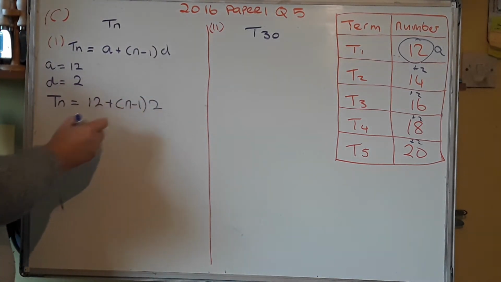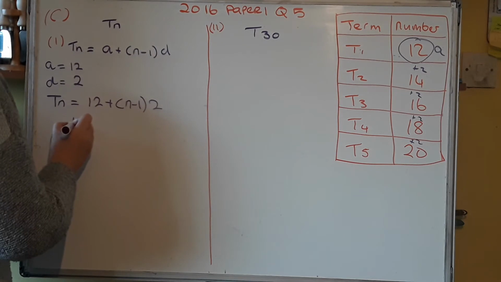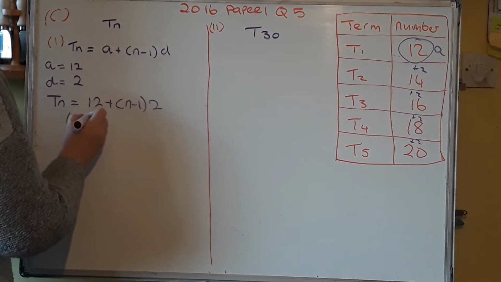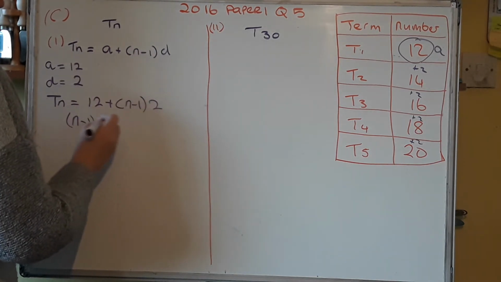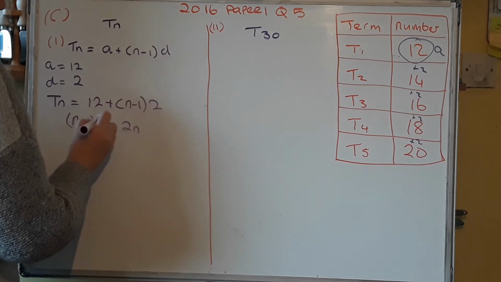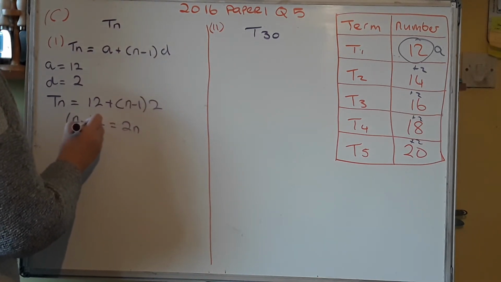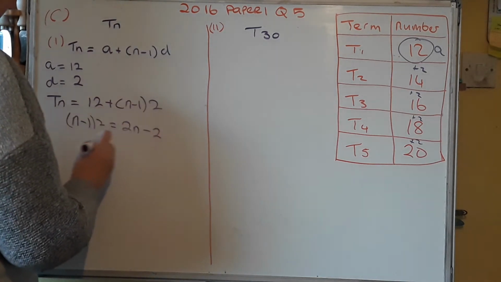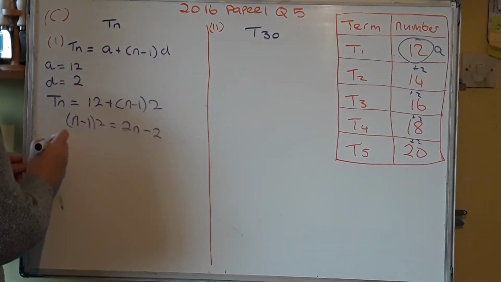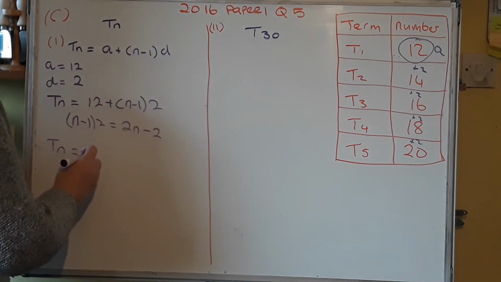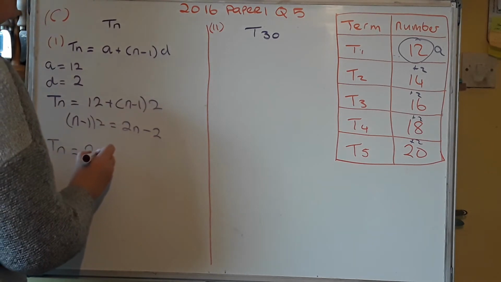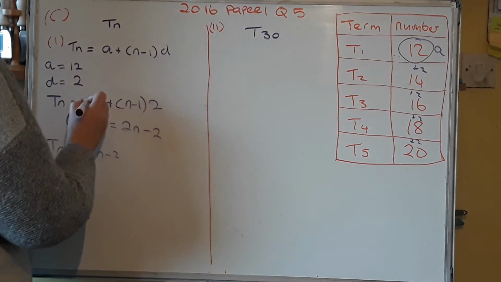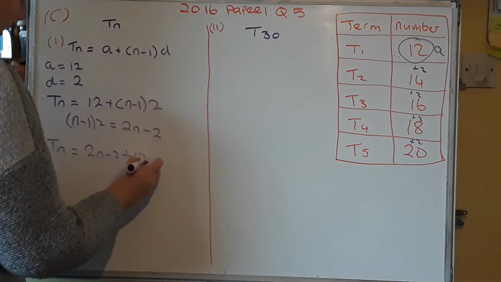Now you simply multiply out that bracket. N minus 1 multiplied by 2 is 2n, 2 by n gives you 2n minus 2. So I'm going to put that down first. So Tn equals 2n minus 2, and you still have your 12.